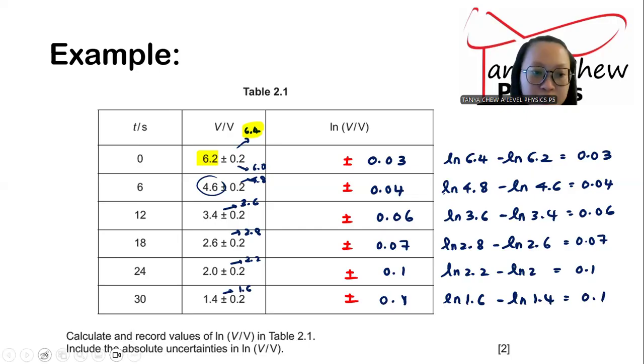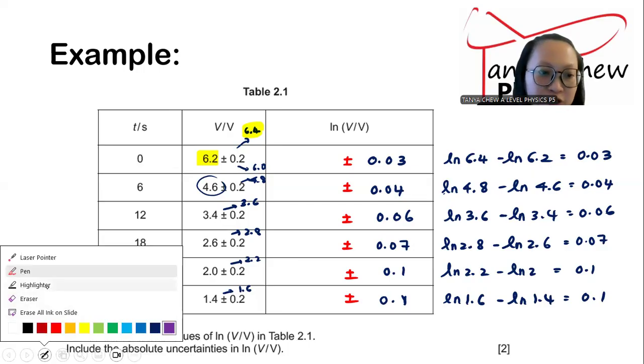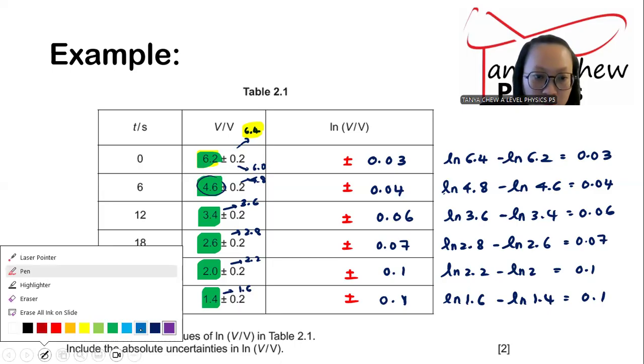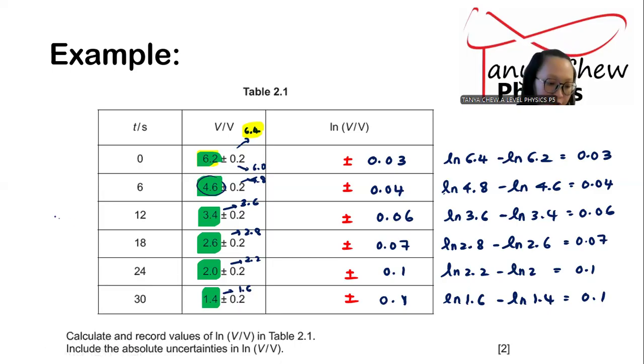Now, once you have done with your absolute uncertainty, calculate your ln V. For your ln V, you just look at your average value. The ones that are highlighted green are the values that you're supposed to use for your ln V. Now, ln 6.2, I got 1.824549.